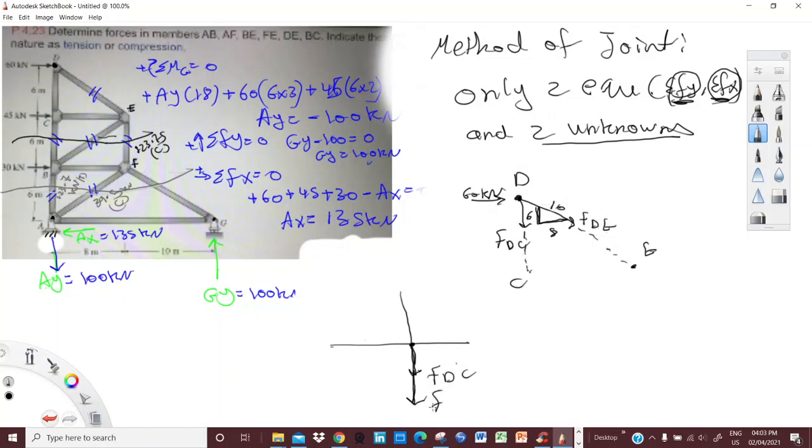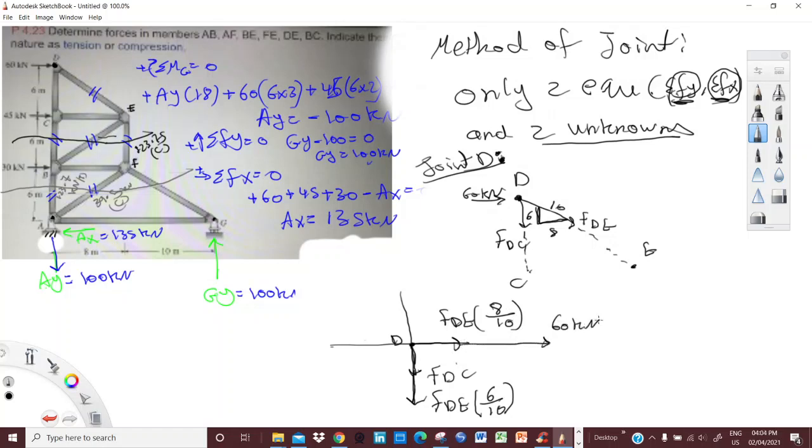So vertically, FDE is going to be 6 over 10, and if you resolve horizontally, FDE is going to be 8 over 10. And you have the 60 kilonewton. This is joint D. Joint D, you have also 60 kilonewton.